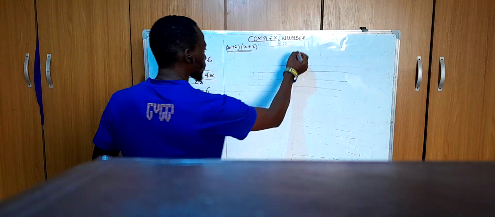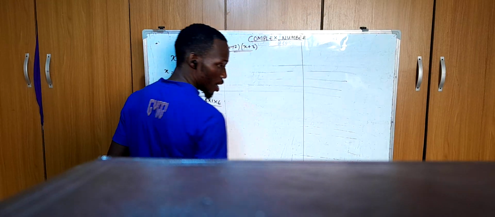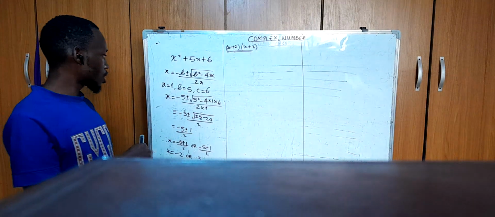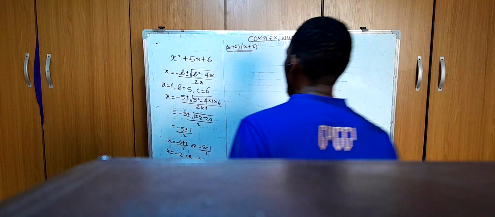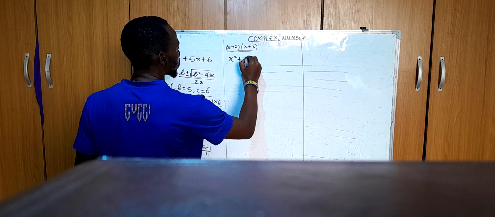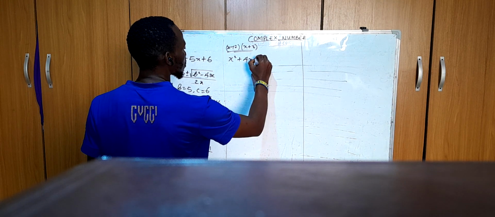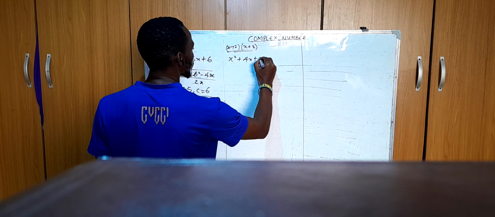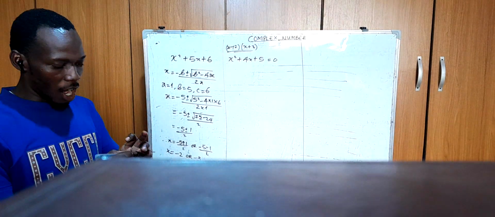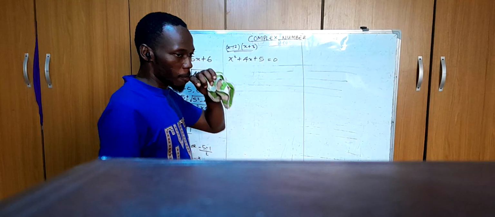Now, let's say you're given another equation. Let's say you're given x squared plus 4x plus 5 equals 0. And you're asked to look for the roots of the equation.